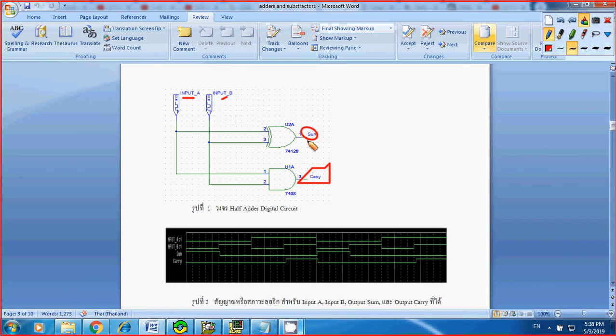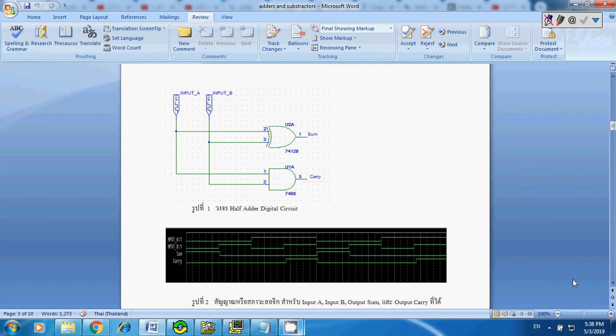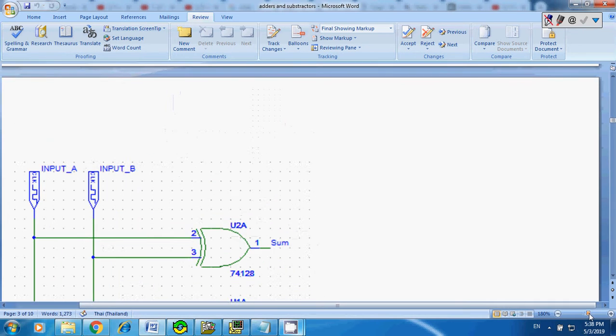For the output sum, just use the expression A exclusive OR B, and for the output carry you just use the two input AND gate. And this one is my plot from PSpice simulation.